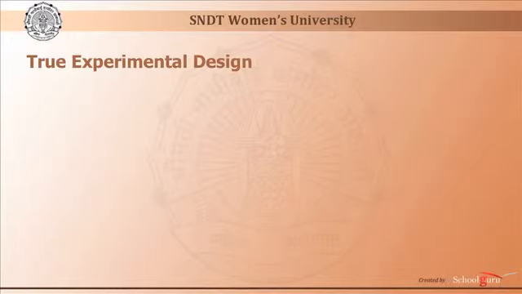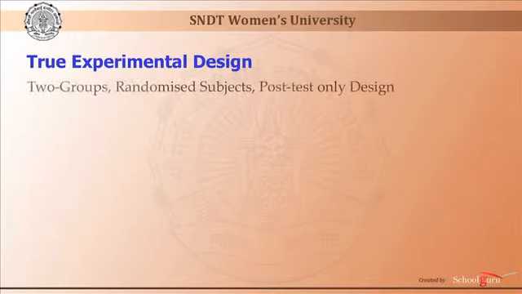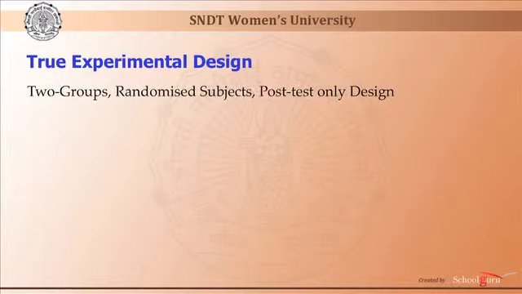Second is true experimental design. See what is written there? Two groups, randomized subjects, post-test only design. This word itself is very important. It makes the experiment a true experiment. There are groups and you have no bias.